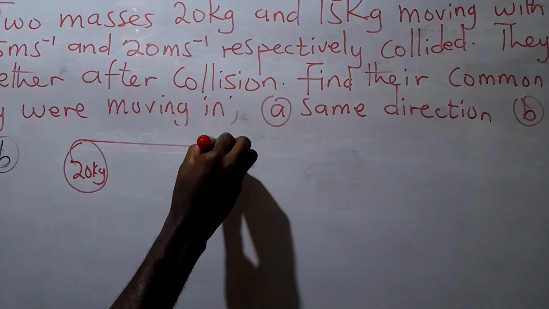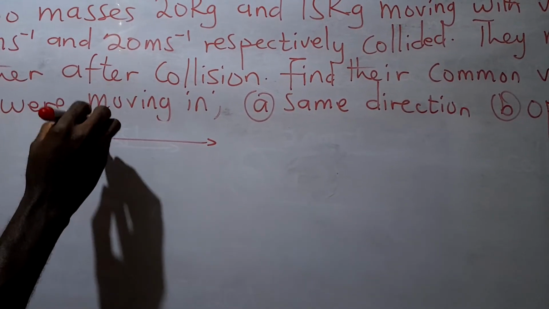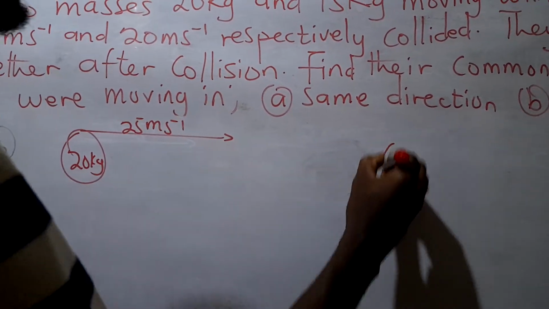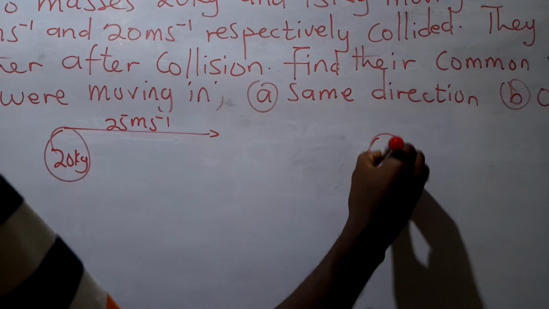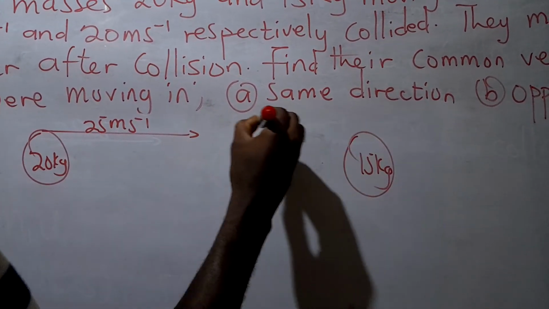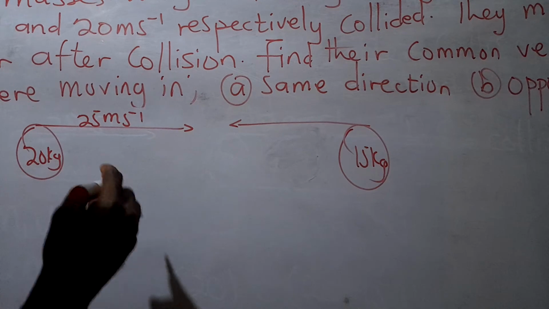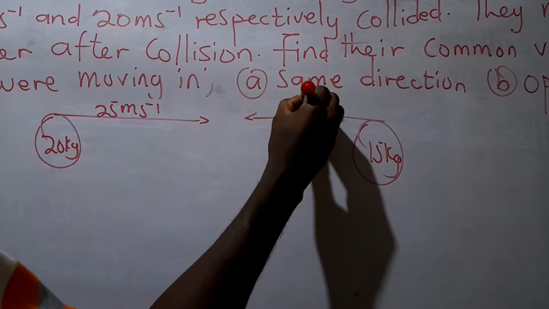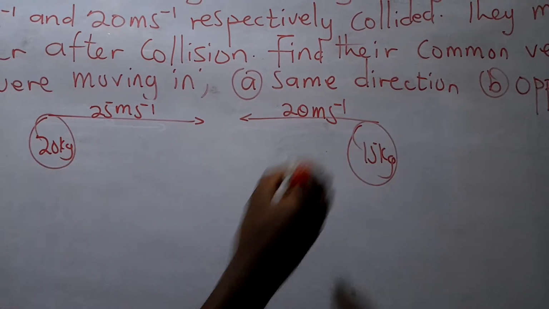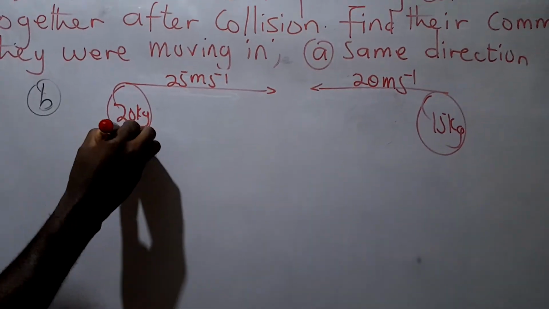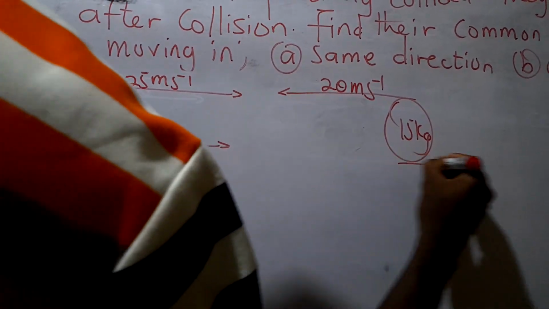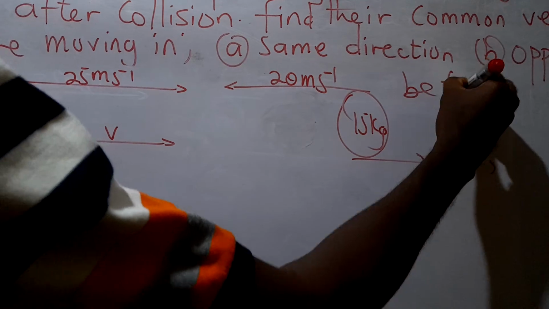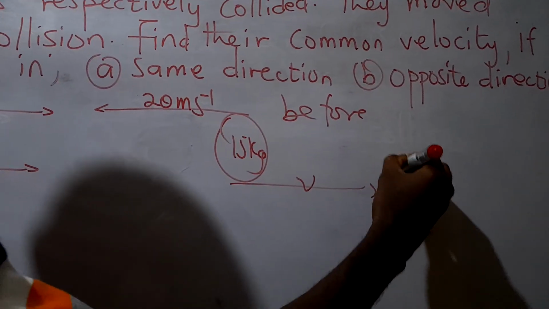If it is moving in this direction with a velocity of 25 meters per second, then the second body, which has a mass of 15 kg, will move in the opposite direction with a velocity of 20 meters per second. Now they say they move together after impact. So we can say this with a common velocity v. So we have before impact, then after impact.